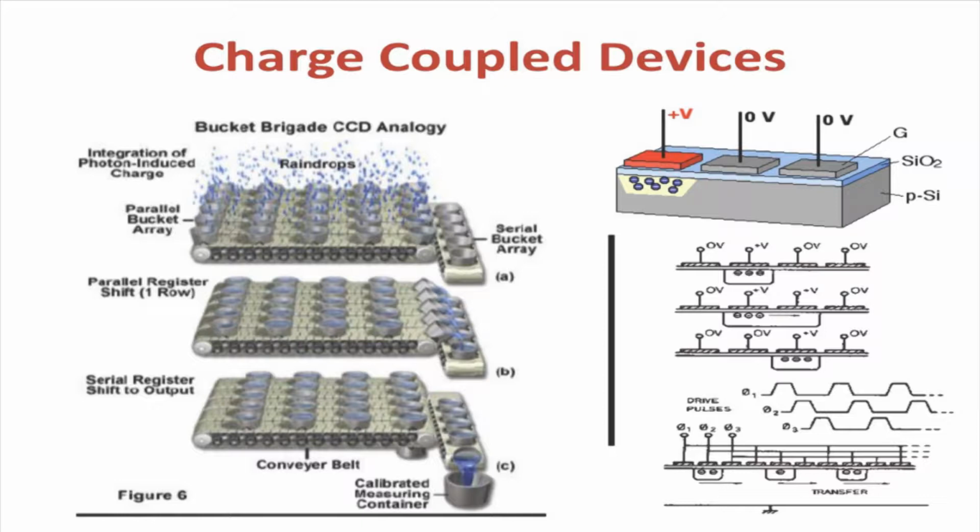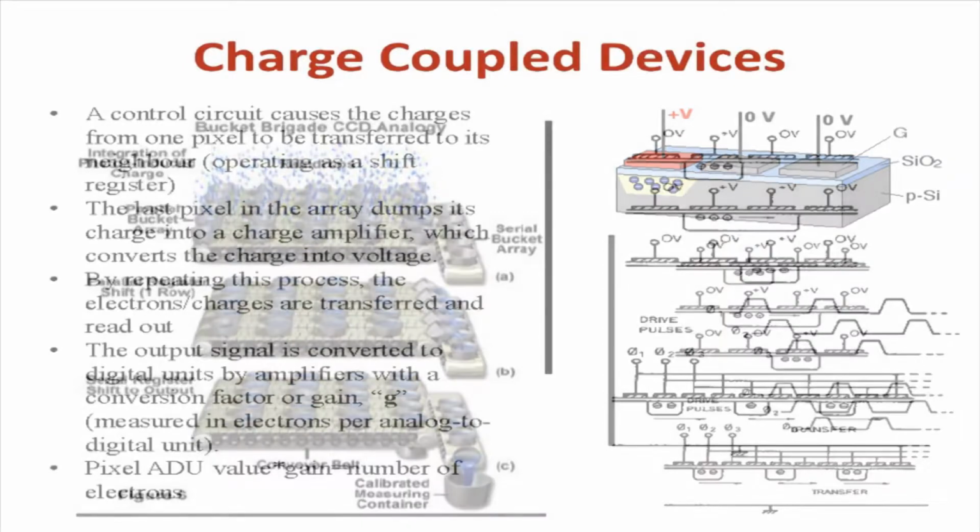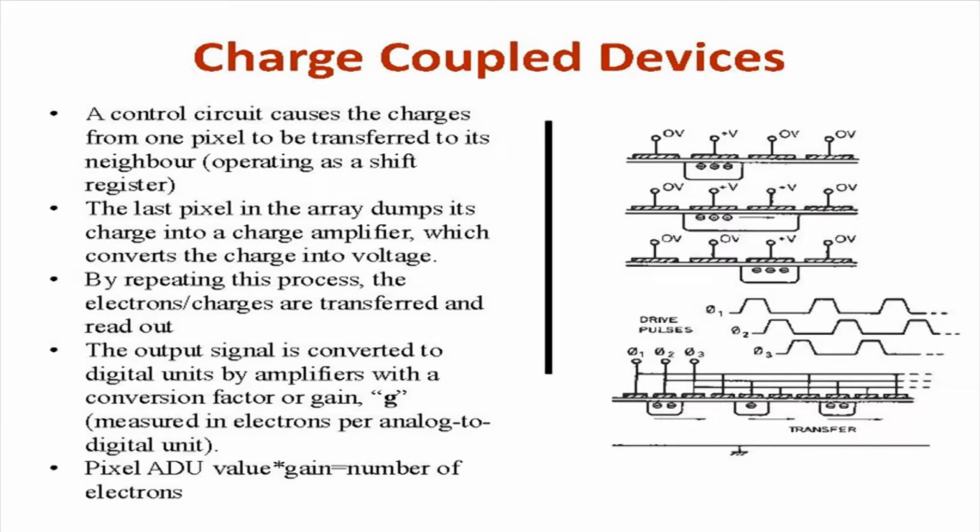What you're reading off of the charges is like reading off the voltage, and you need to convert that into a digital form, which is what we call the counts. Essentially, there are amplifiers in the readout electronics that convert the voltage into digital form, and a gain is given so that the voltage can be easily read off.